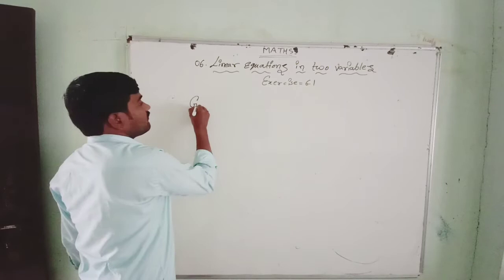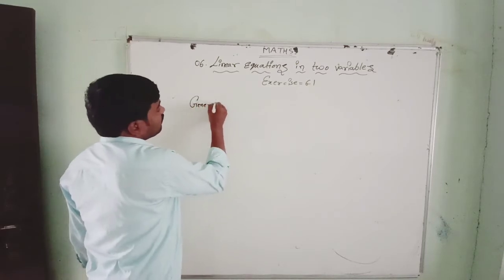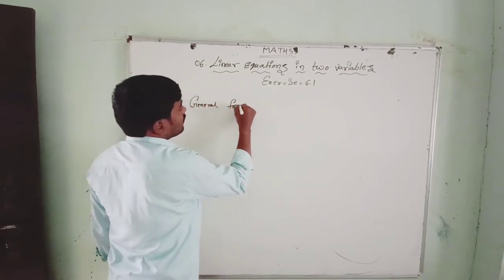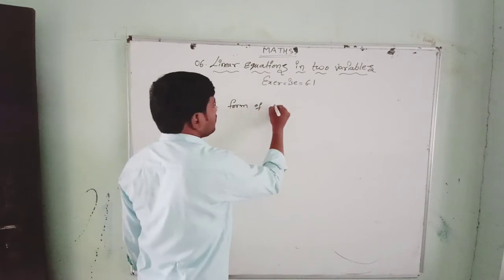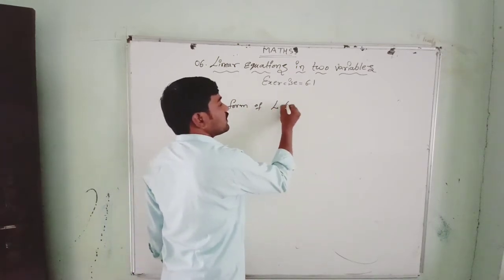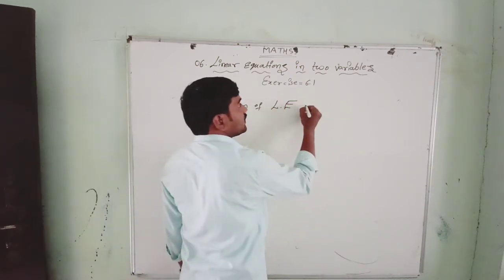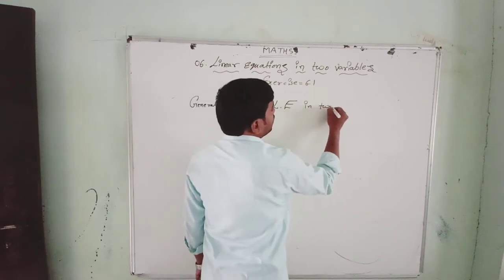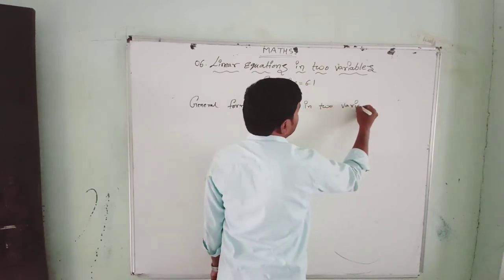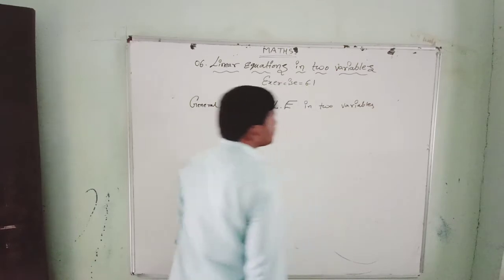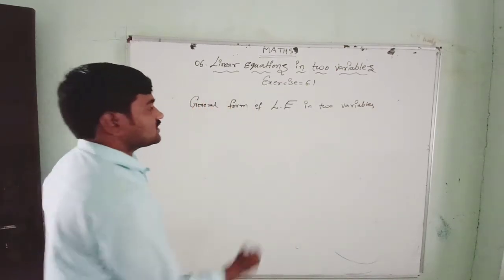The general form of a linear equation in two variables. What is the general form?